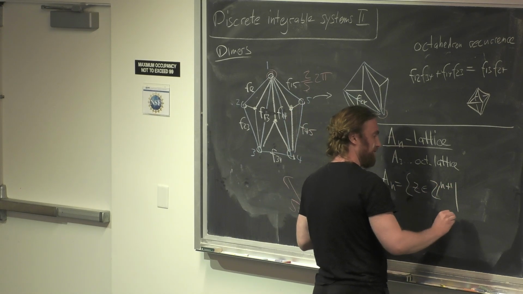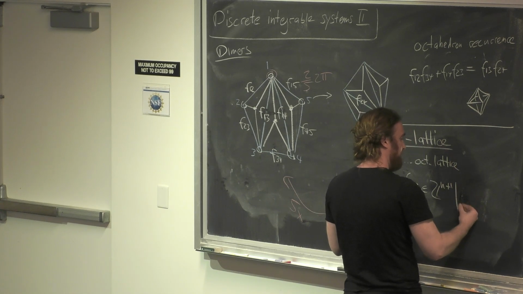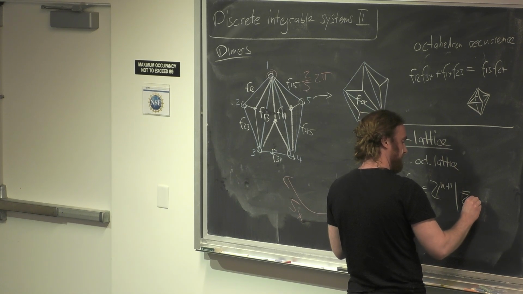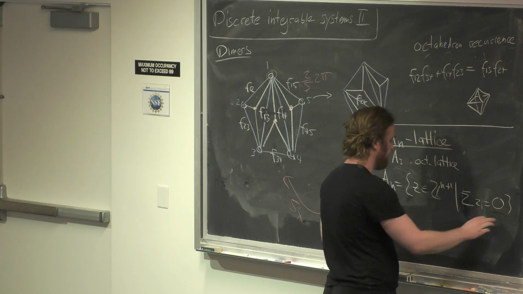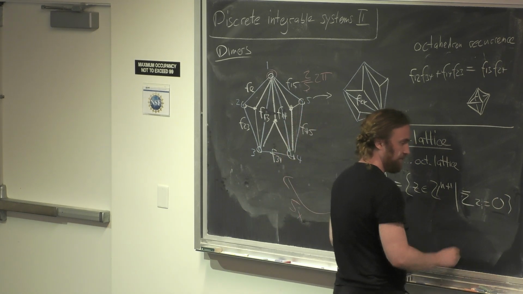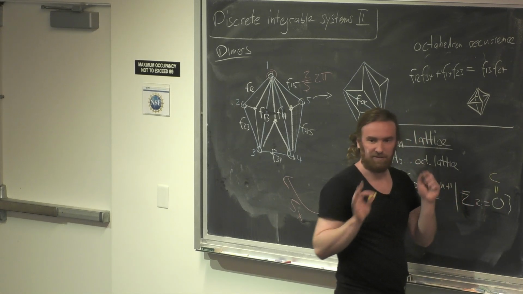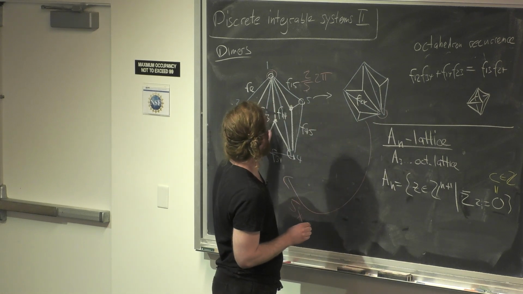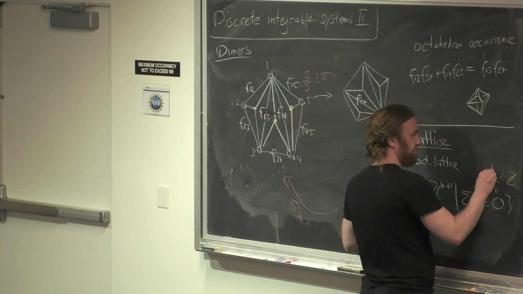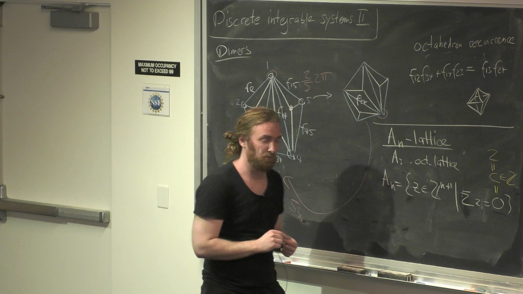and it's even worse because An is defined as the subset of the n plus 1 dimensional space where the coordinate sums are 0, or could be some other constant. For example, here it's 2.